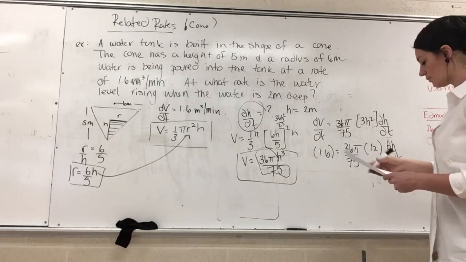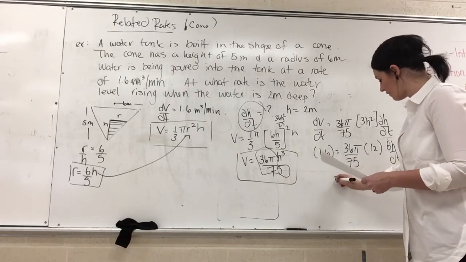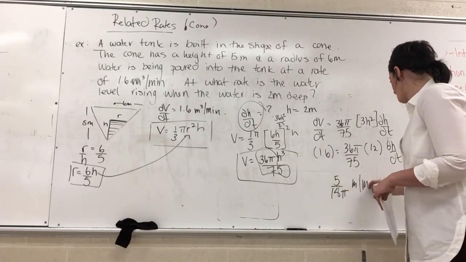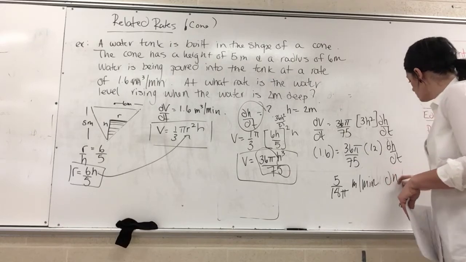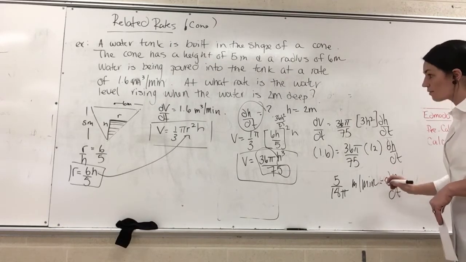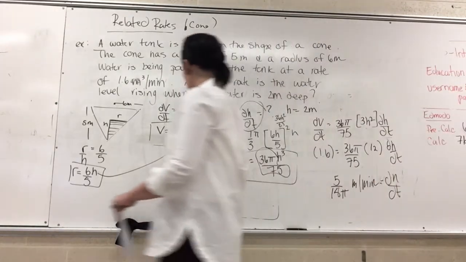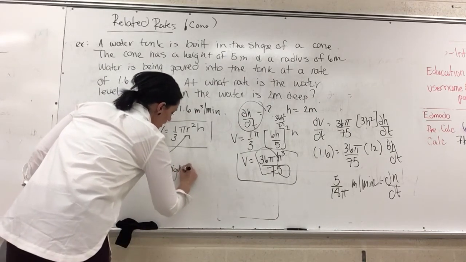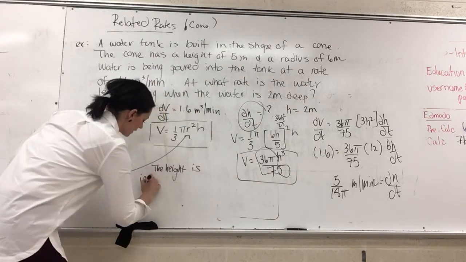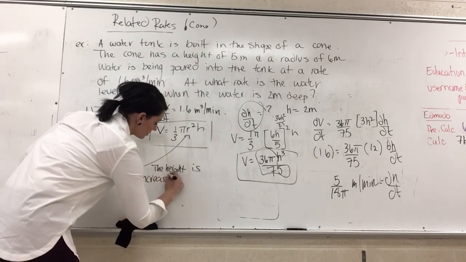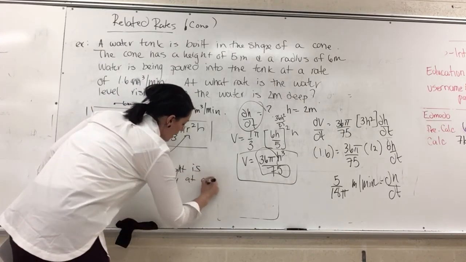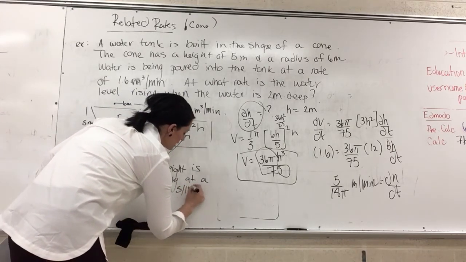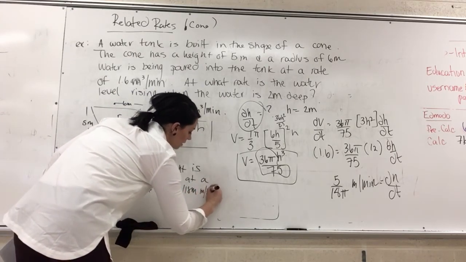I do all kinds of rearranging, and I end up with 5/18 pi meters per minute as dH/dt. And remember, I would need to write a sentence. So the height, always tell me what's changing, is increasing. Tell me whether it's increasing or decreasing at a rate of 5/18 pi meters per minute.